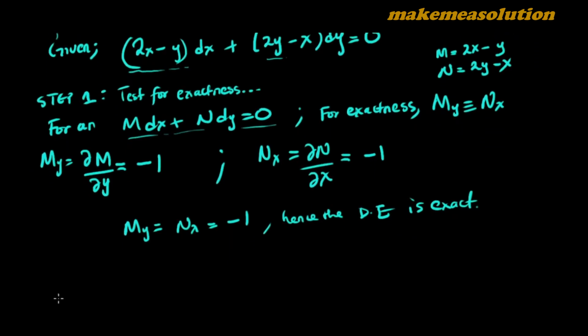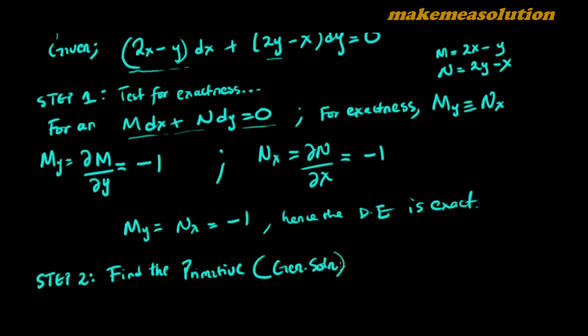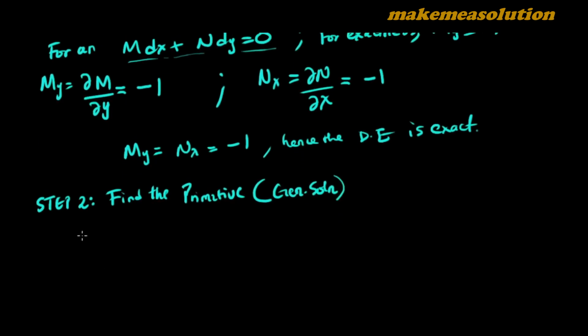So we have verified in step 1 that it is exact. So step 2, we now want to what? After verifying, we want to find the primitive, or the general solution. If you want to find the primitive or the general solution, remember, assume, that's the first step.